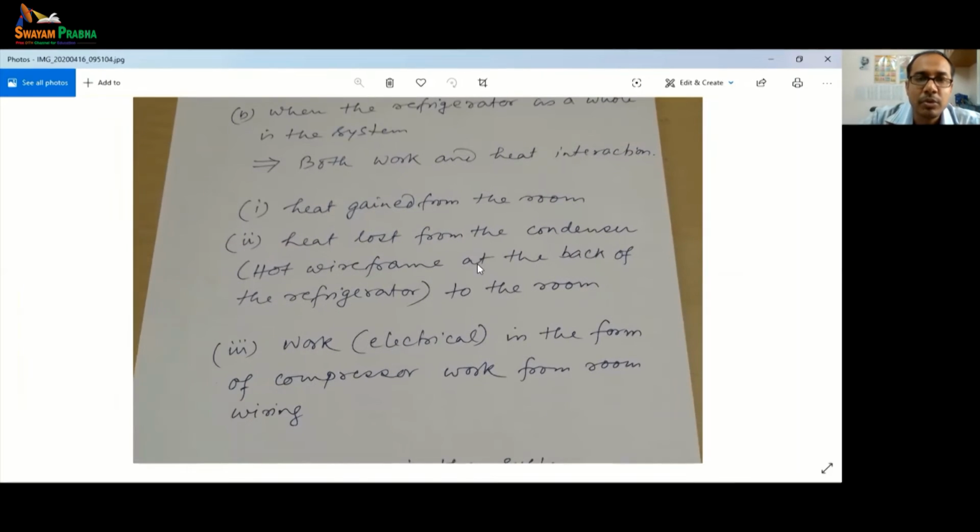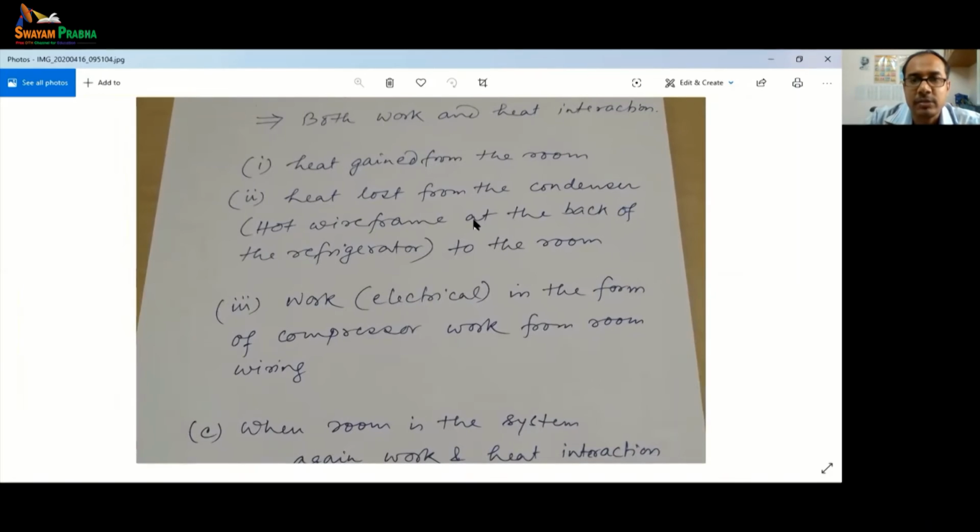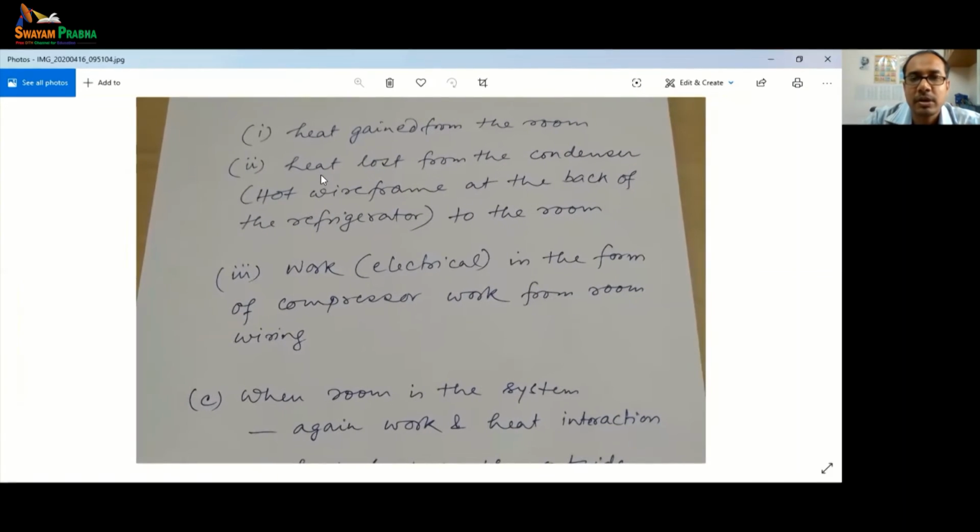So here both work and heat are actually interacting with the system. Heat, how? Heat is gained from the room, right? As well as the second heat interaction is heat is lost from the condenser of the refrigeration system.